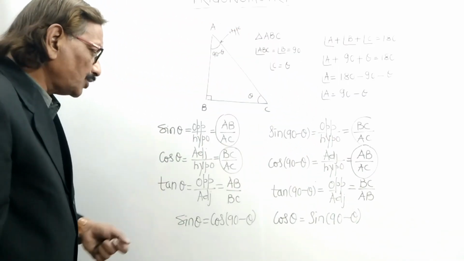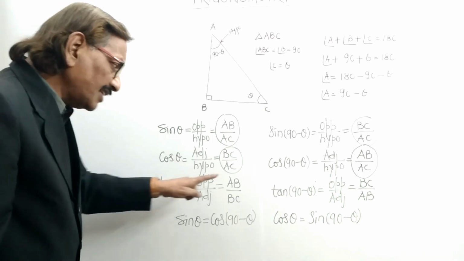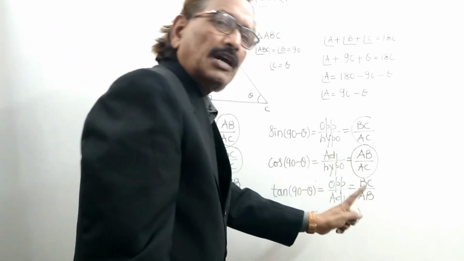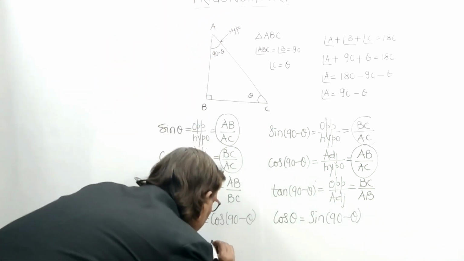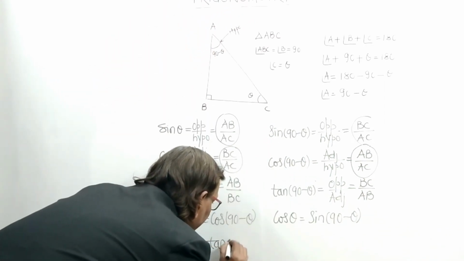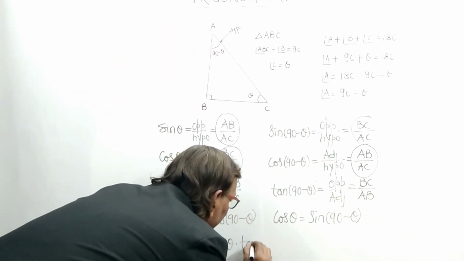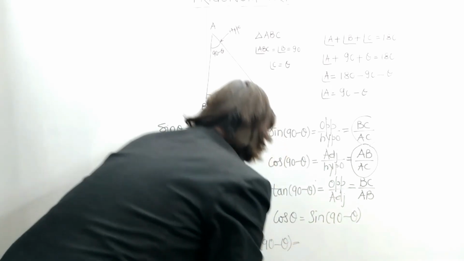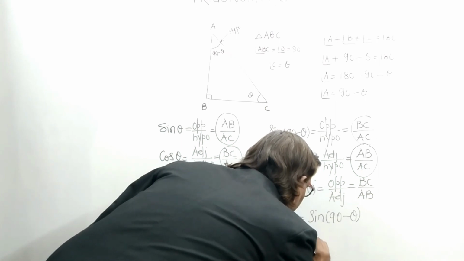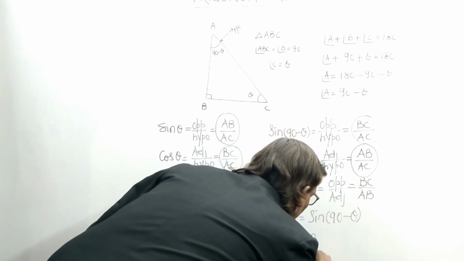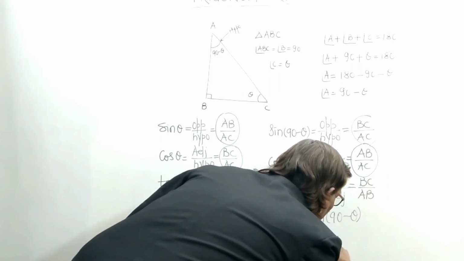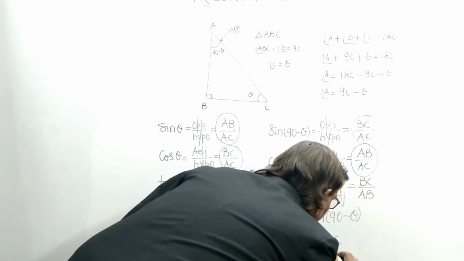The third conclusion here is tan theta is AB upon BC, tan 90 minus theta is BC upon AB. It becomes tan theta into tan 90 minus theta is equal to AB upon BC multiplied by BC upon AB.